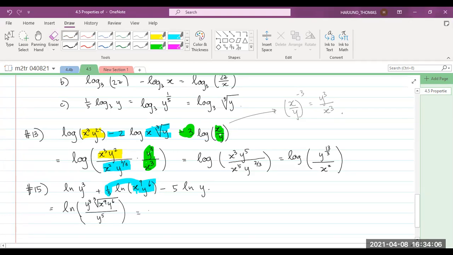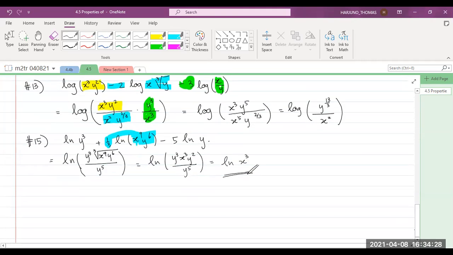Now this will be natural log of y cubed x cubed y squared over y to the 5th. Oh, the y to the 5th cancels all the way, huh? So we get natural log of x cubed only. That's for number 15.